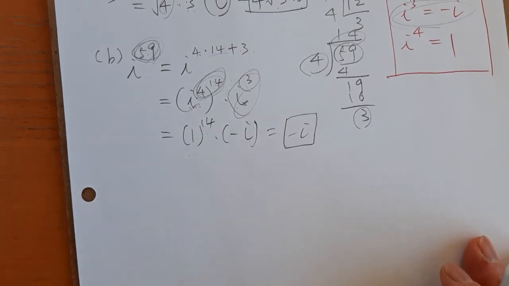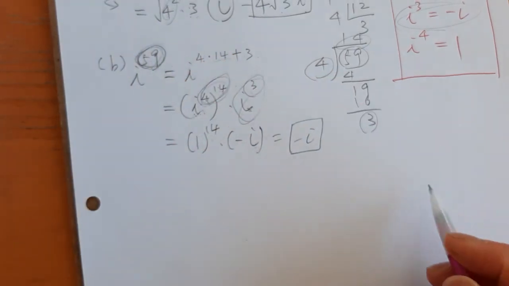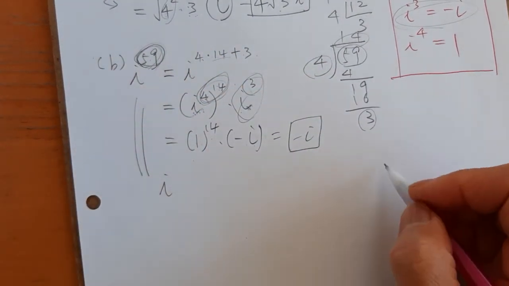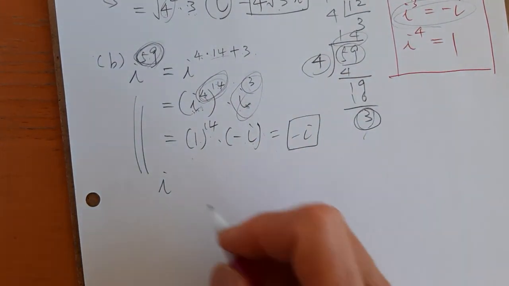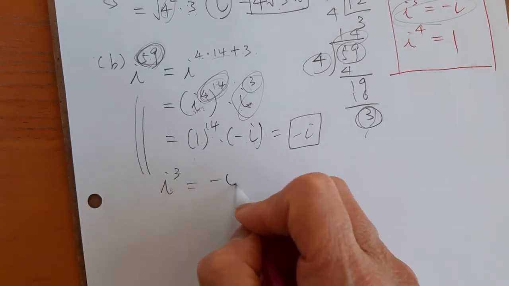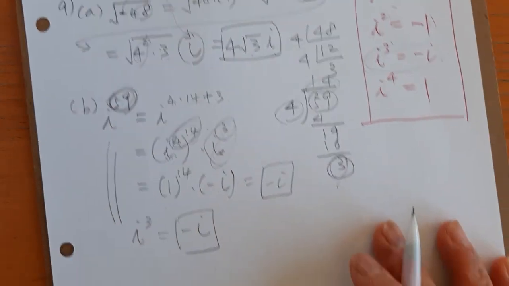And there's a quick way to do it. The quick way is when 59 is divided by 4 and you got remainder 3. So it's equal i to the power 3. i to the power 3 is negative i. i to the power 3, negative i is the answer. That's the quick way.